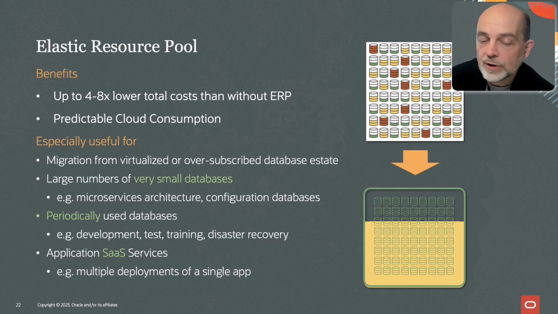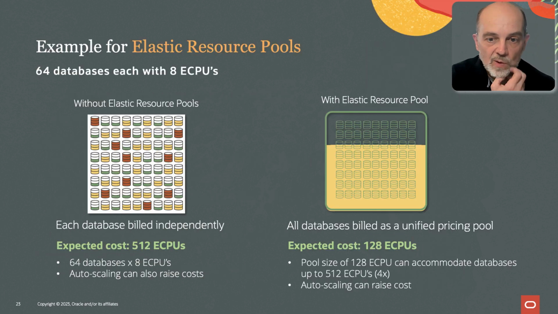We're also seeing it with partners as well, who maybe supply SaaS-based services where they deploy hundreds of very similar databases, and they may be quite infrequently used or have very low transaction rates. Again, those are incredibly cost efficient within Autonomous Database Service.